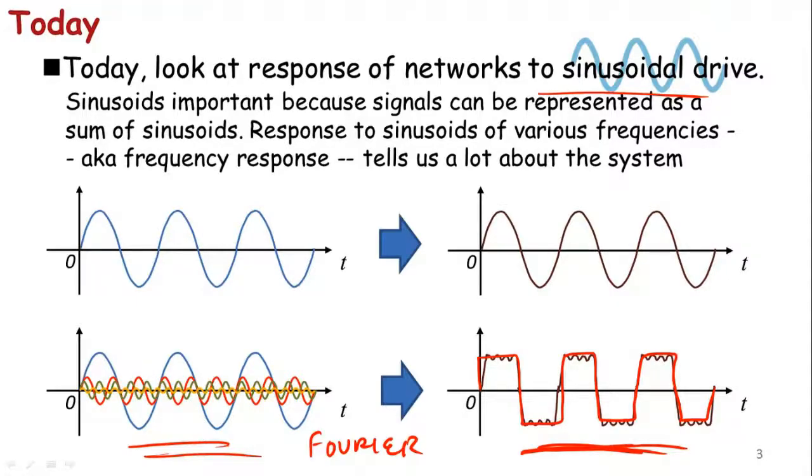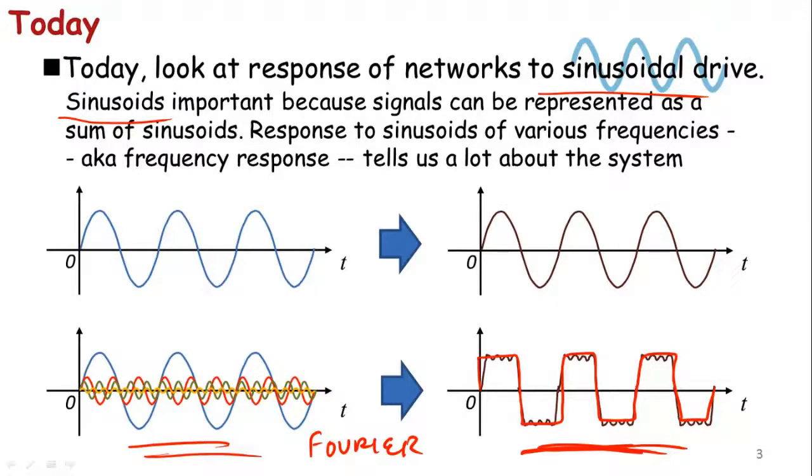So why do we care? The reason this is really cool is that if I can now understand the behavior of circuits to a sinusoid of some frequency, then I can divine the behavior of that same circuit to virtually any other signal simply by representing that signal as a sum of sinusoids.